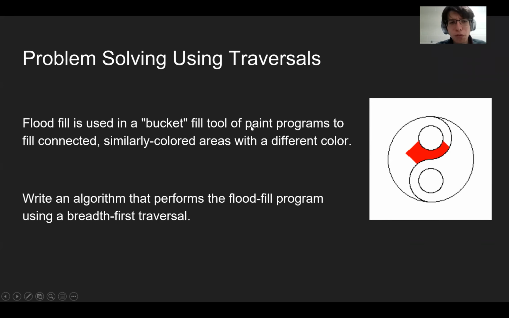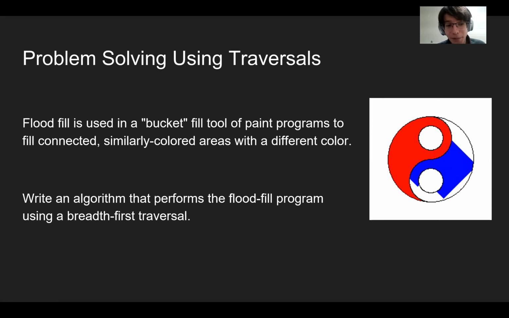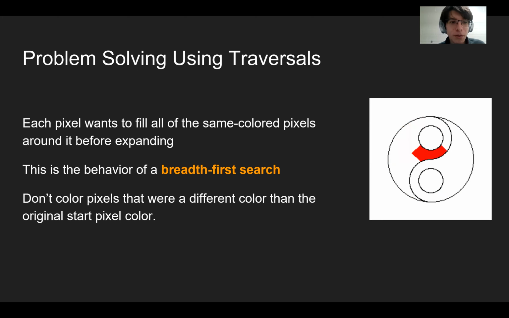Okay. So problem solving using choices. Now we're going to go over some problems. So flood fill is a bucket fill tool of a paint program to fill connected similarly colored areas with a different color. So write an algorithm that performs the flood fill using a breadth first traversal. The way we can maybe do this is each pixel wants to fill all of the same color pixels around it before we expand.